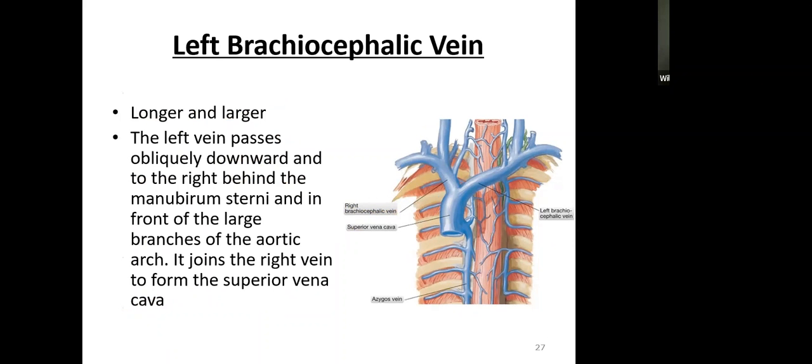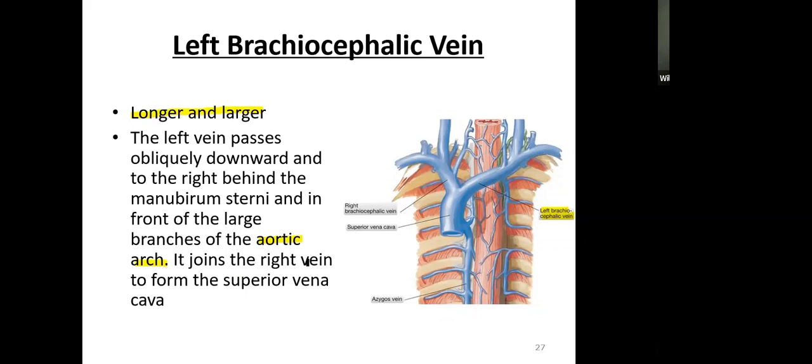The left brachiocephalic, which is here, it's longer and larger. The left vein passes obliquely downward and to the right behind the manubrium sterni and in front of the large branches of the aortic arch. So this is important because we're going to add the aorta and how that communicates.